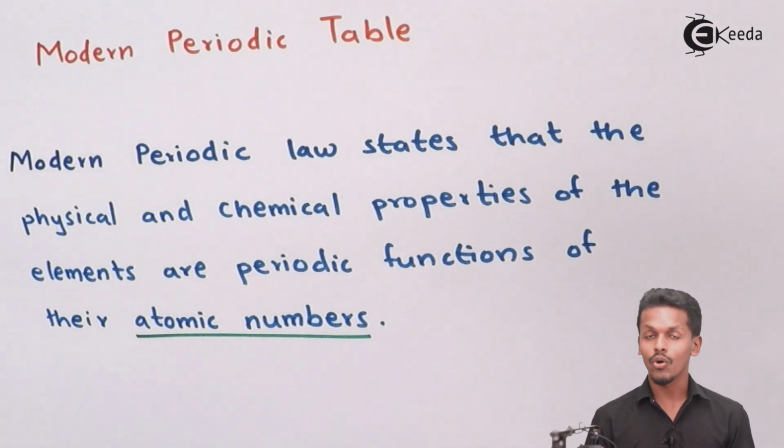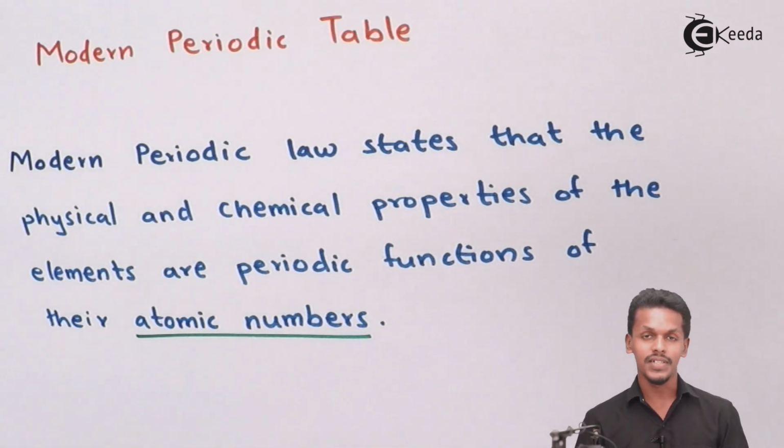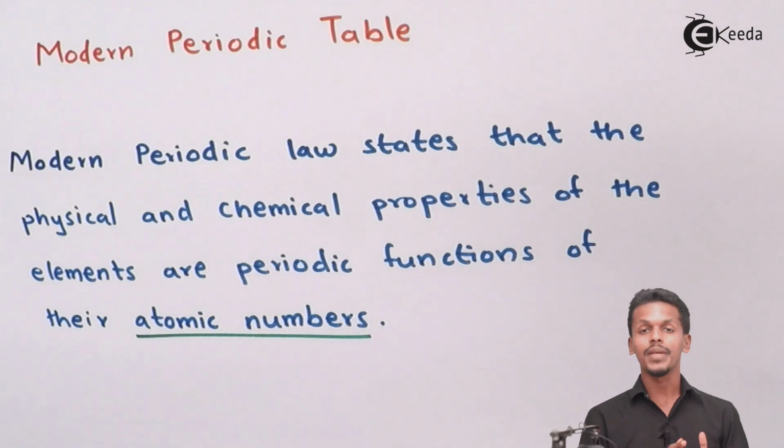But later it was found that it is dependent on the atomic number, and based on that, the modern periodic table has evolved. This is quite different from Mendeleev's periodic table, but there are some similarities also.